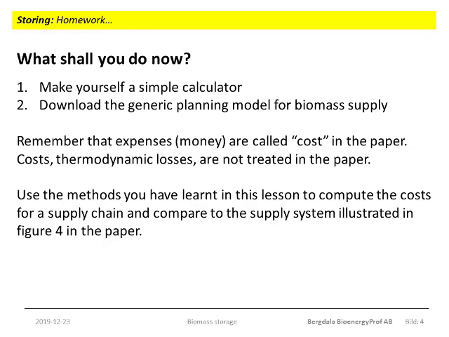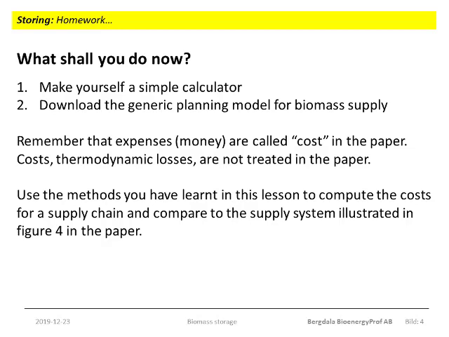First, make yourself a simple tool like the one I just showed you. Second, download the paper by Ba, Prince and Prodon. You will notice that the paper assumes that the final destination for the biomass is a biorefinery, but that will have no effect whatsoever on the supply system.